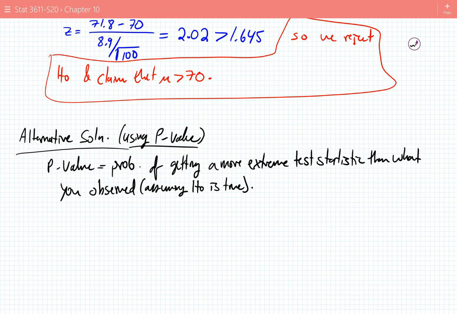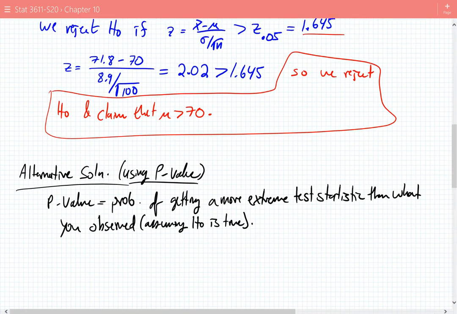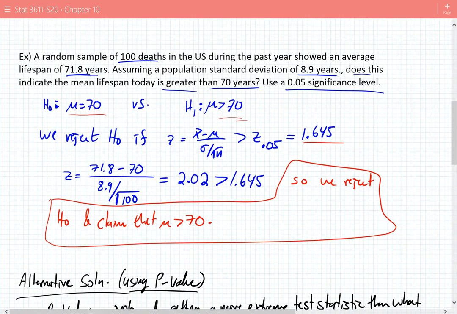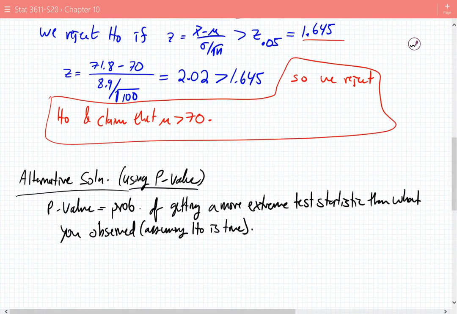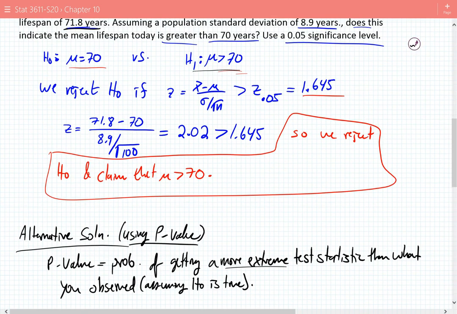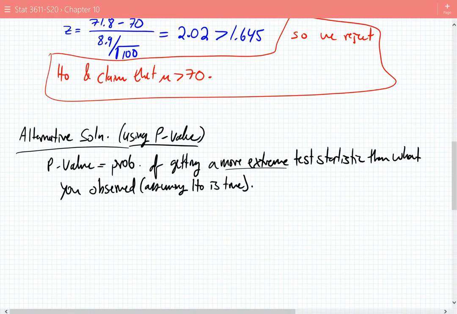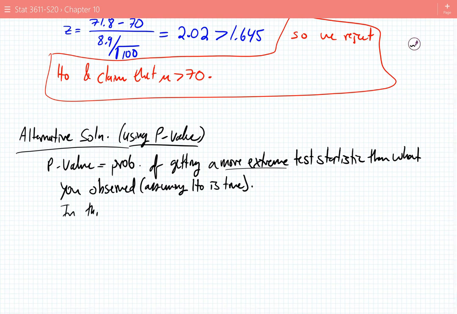So in this case, we got a value of x bar of 71.8. So a more extreme test statistic should be in the favor of the alternative hypothesis. More extreme than 71.8 would be bigger than 71.8.